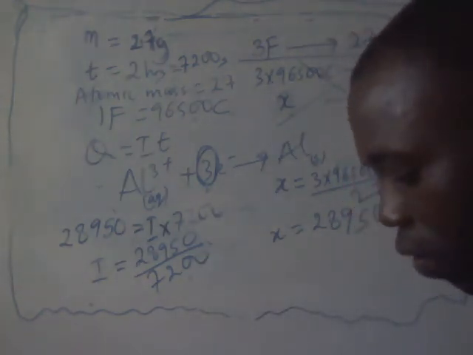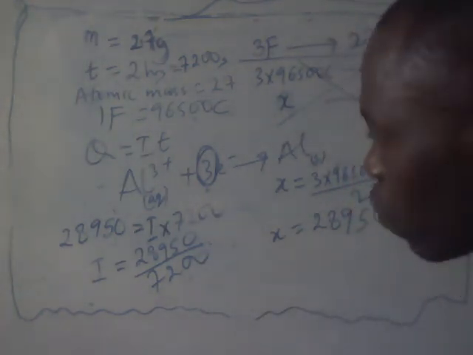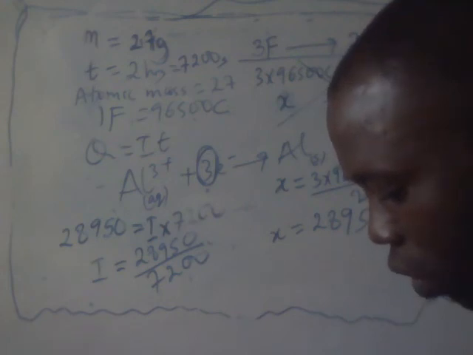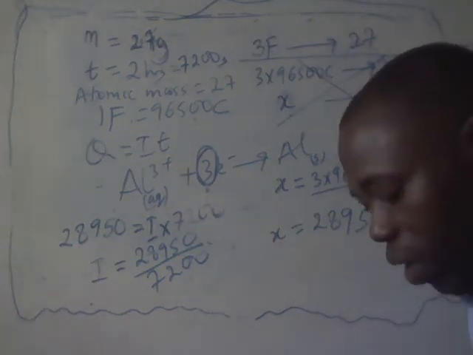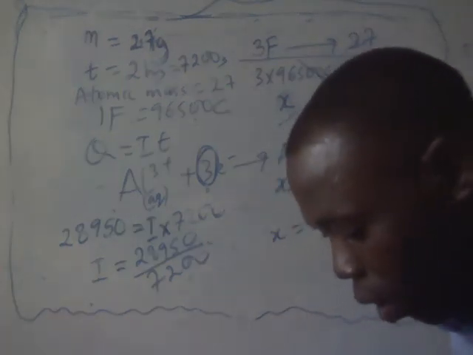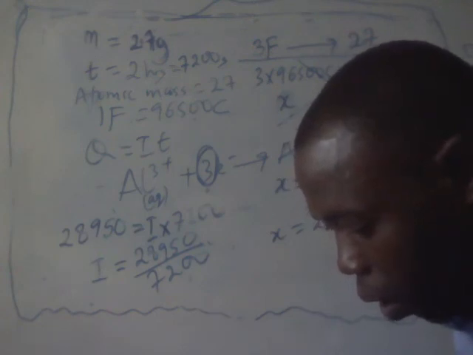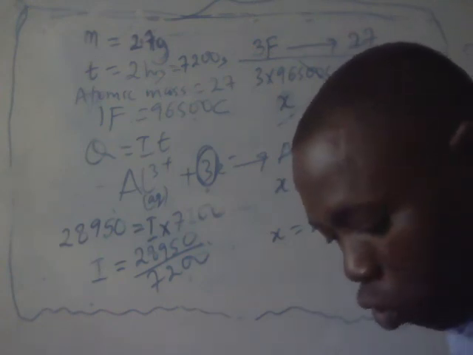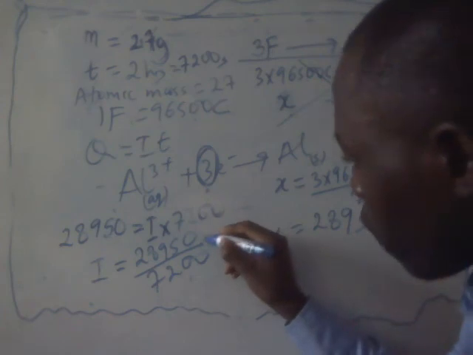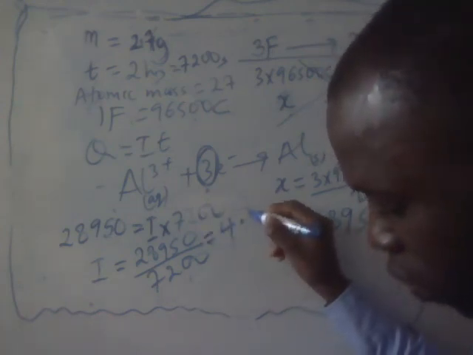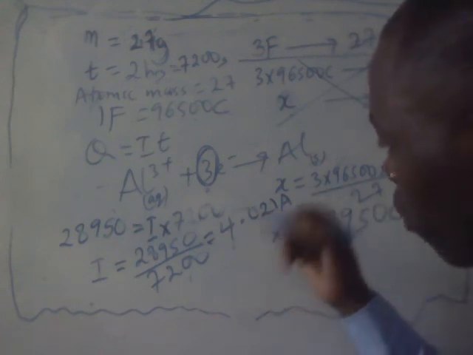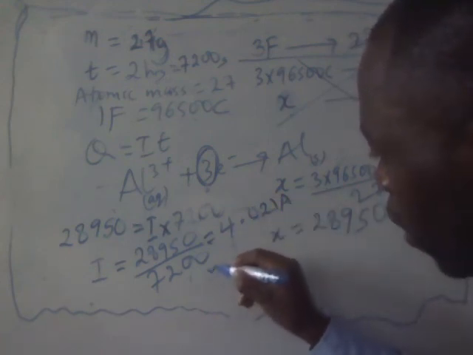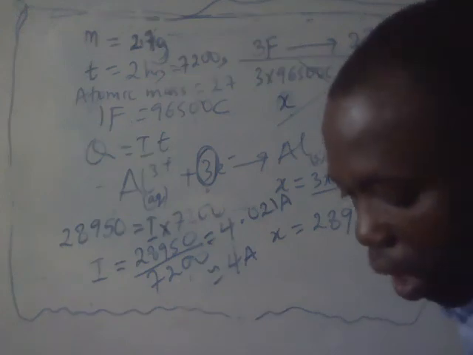So we have it as 4.02, that's 4.021 amperes. Approximately to a whole number, that's 4 amperes.